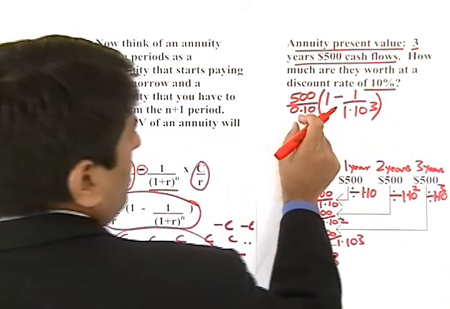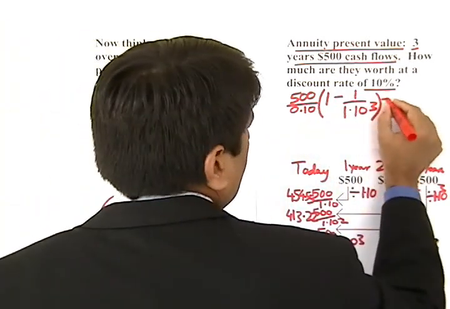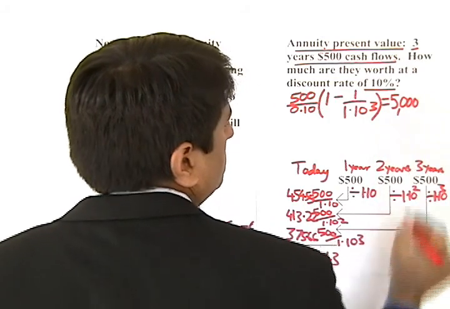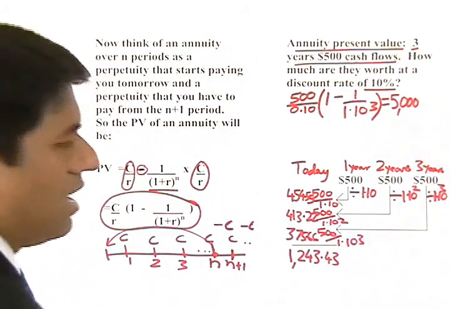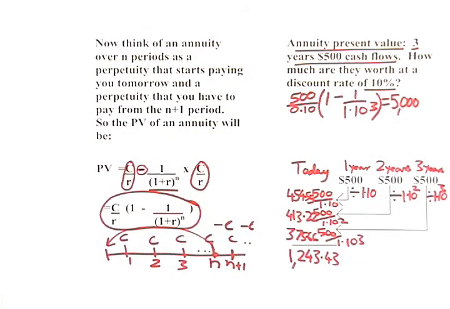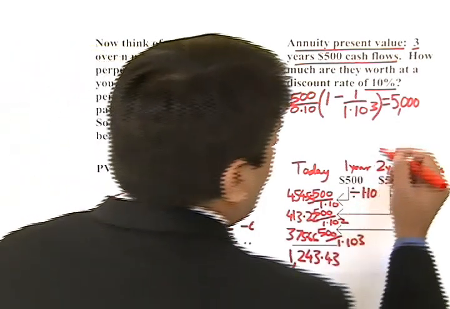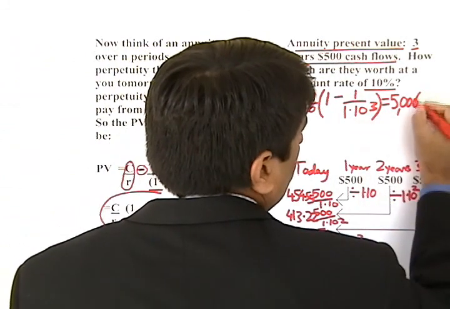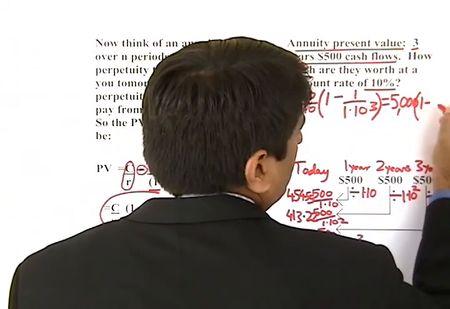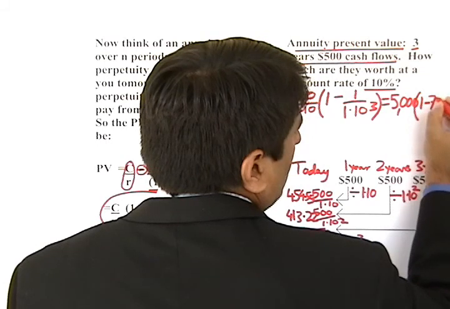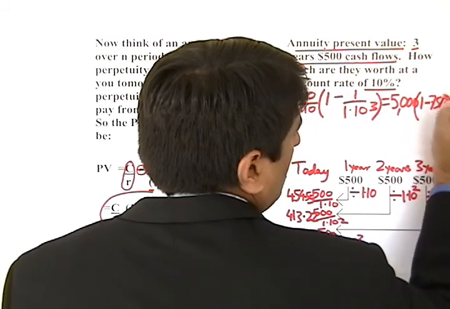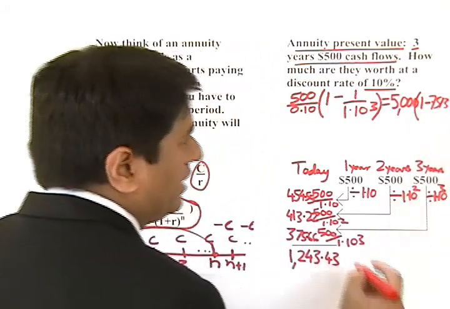So 500 divided by 0.10 equals 5,000. And 1 minus 1 upon 1.10 cube becomes 1 minus 0.7513 and some more digits.